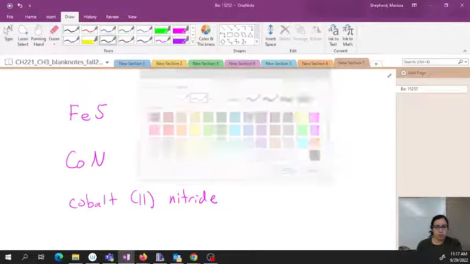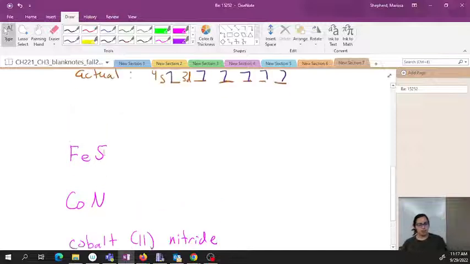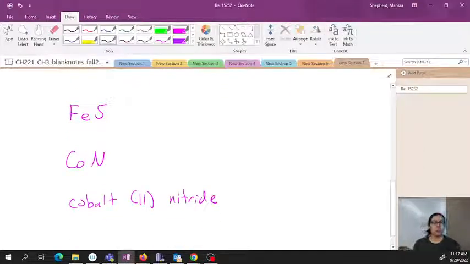All right, so let's look at these. For this one, if we wanted to use the swap trick, we have our -2 here, and they're balanced kind of 1 to 1. If they're balanced in a 1 to 1 ratio, but then you back it out, you know sulfur doesn't have a -1 charge.